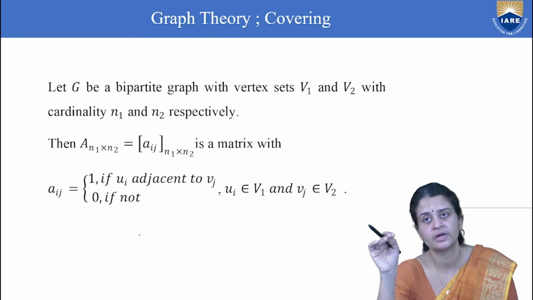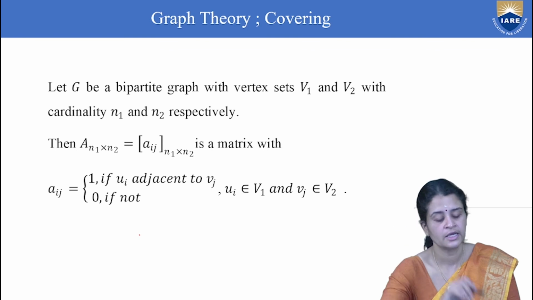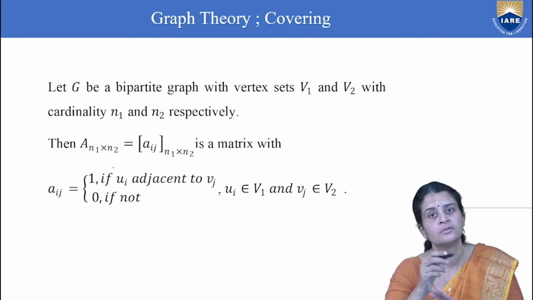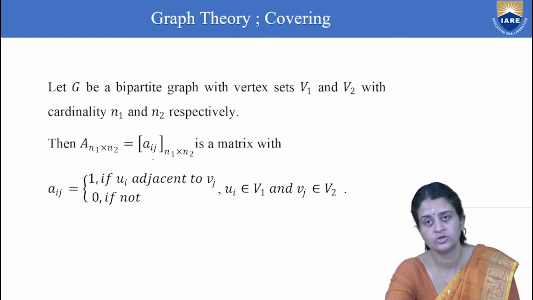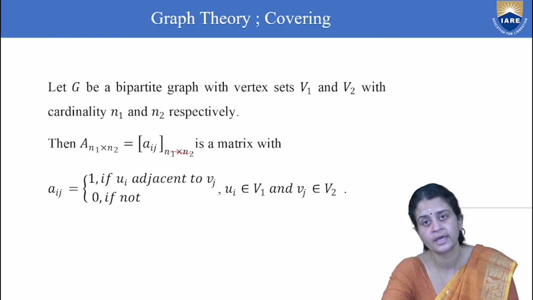Let G be a bipartite graph with vertex sets V1 and V2, with cardinalities N1 and N2. And let A be an N1 by N2 matrix such that Aij equals 1 if Ui is adjacent to Vj, and 0 if not.